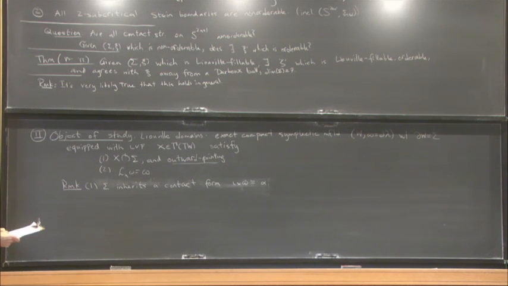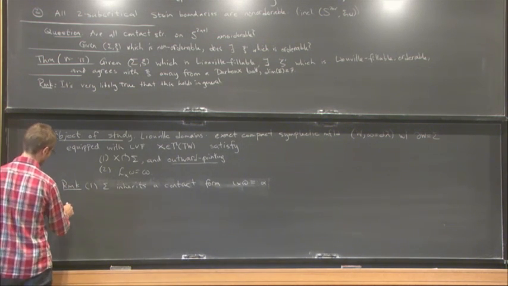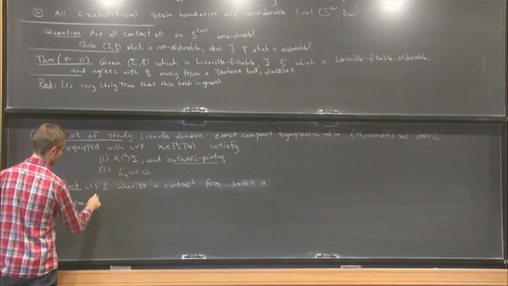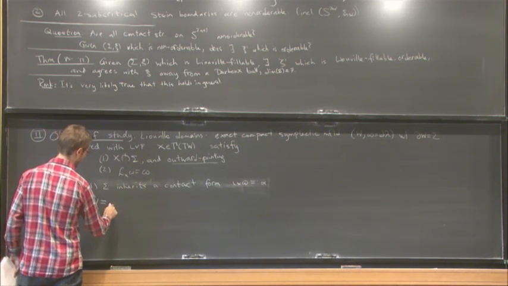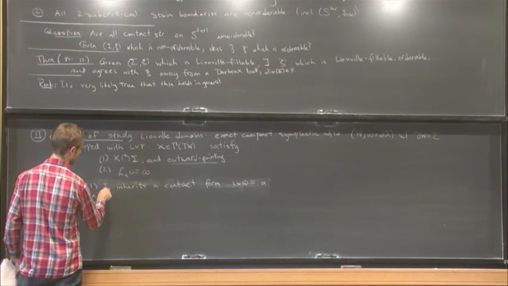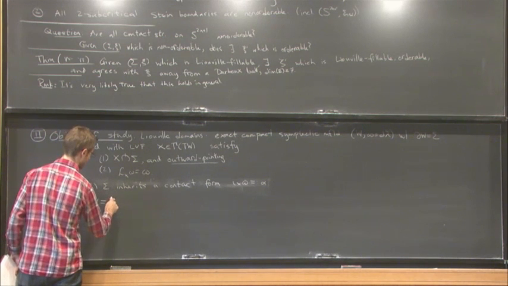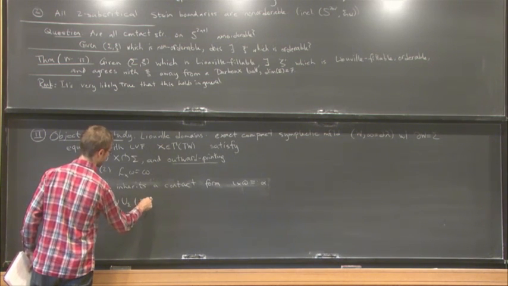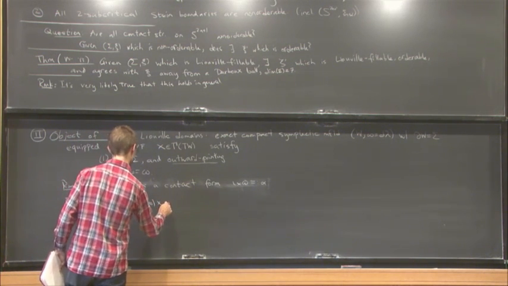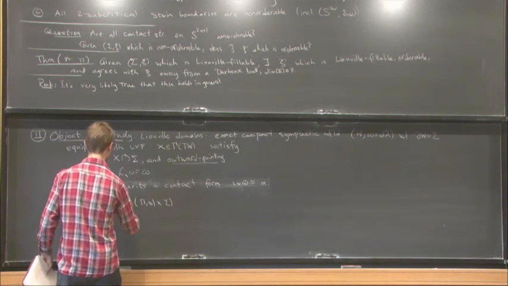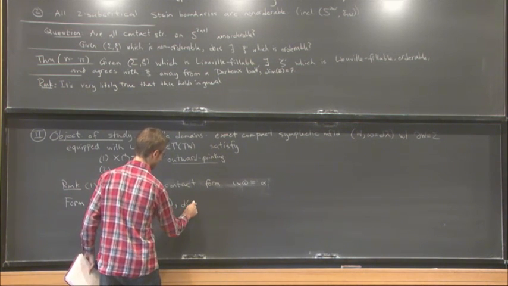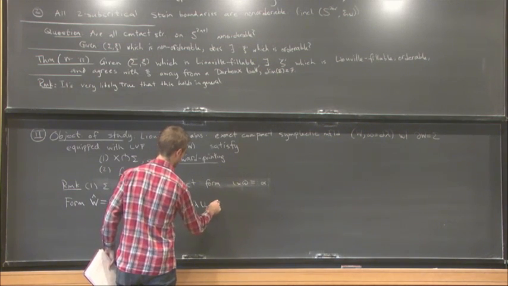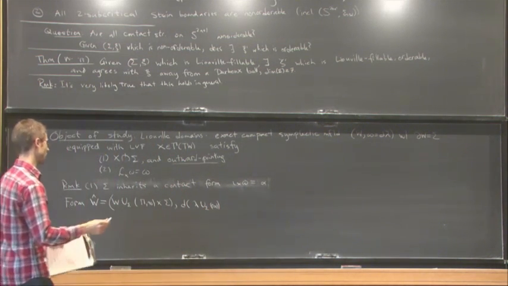Okay. So what I'm going to do at this point is form the non-compact completion of this thing by gluing the symplectization of sigma along the boundary. So this is going to be W union along sigma of [1, infinity) cross sigma with the contact form, d lambda, union sigma R alpha.